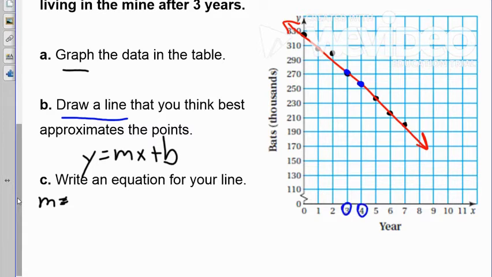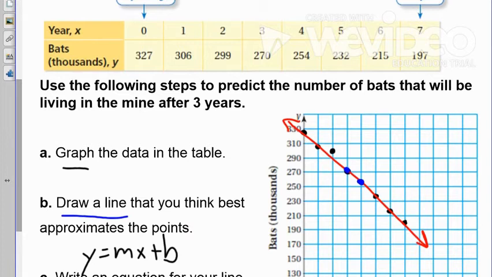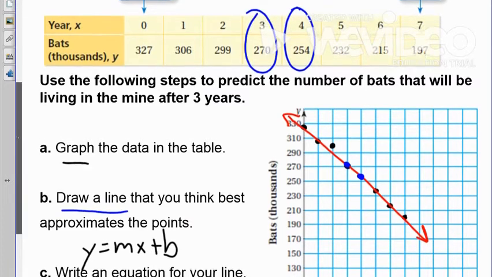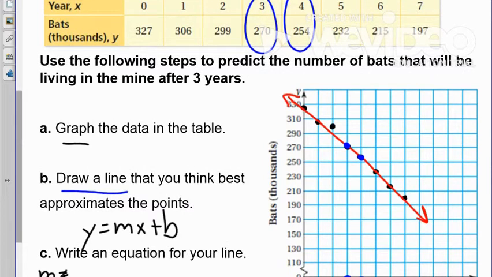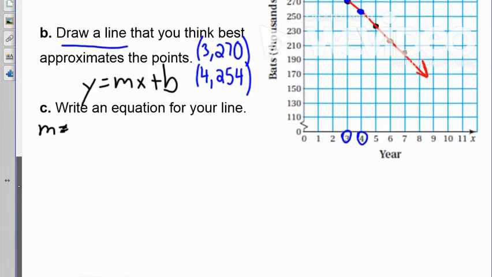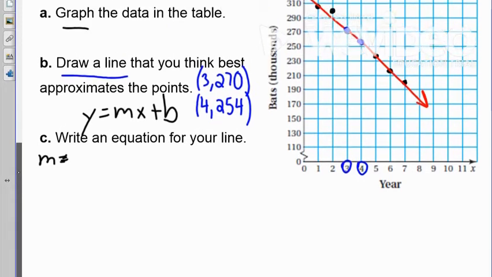They are not points that are just randomly throughout the table. You can't just pick any 2 points on the table. They have to be points that are on the line, and these are the 2 that I chose: 270 and 254, and those y values are in thousands. So what we're going to do is take our y2 and our y1 and subtract them, and then do x2 minus x1.